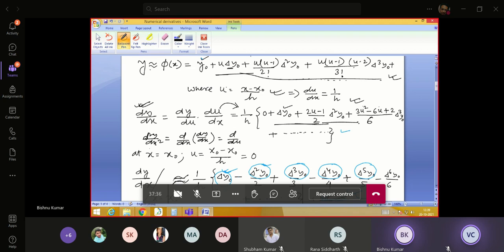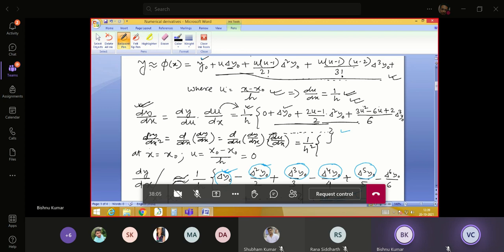Again, du of dy by dx from the chain rule and du by dx. For du by dx, 1 by h will come out on the left-hand side, and from the previous one, 1 by h is here, so outside will be 1 by h square, and inside again you just do the derivative with respect to u.